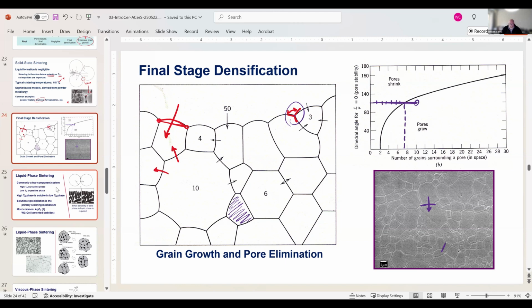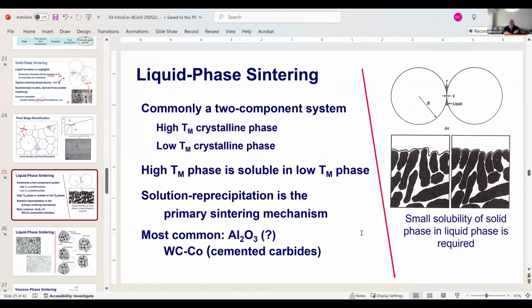Let's talk about liquid phase sintering, okay? Really common two-component systems. You have a high melting point crystalline phase and a low melting point crystalline phase. And the high melting point phase is marginally or partially soluble in the low melting point material. It's called a solution reprecipitation mechanism.